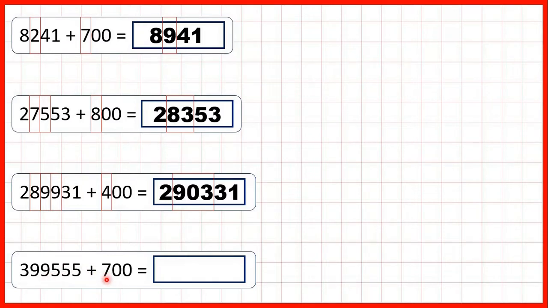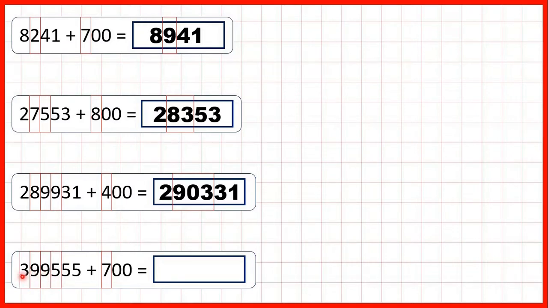399,555 plus 700. If we highlight our hundreds digits, we have 5 plus 7, but that gives us 12, a 2-digit answer. So we go to the left and we have 95 plus 7. But that gives us 102, which is a 3-digit answer, and we've only highlighted 2 digits. If we go to the left again, we have 995 plus 7, but that's 1002, so a 4-digit answer, and we only have 3 digits highlighted.